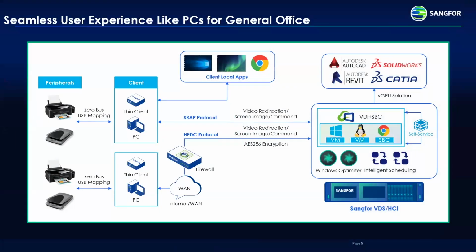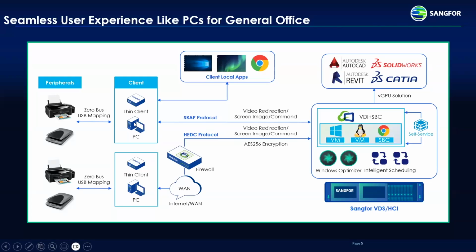We have different protocols for different network connectivity. Like if a user is connecting inside your office, we have the SRAP protocol, which will give you video redirection, screen image commands, and optimize the performance of your virtualization, whether it is a thin client or you are using a PC or a laptop.